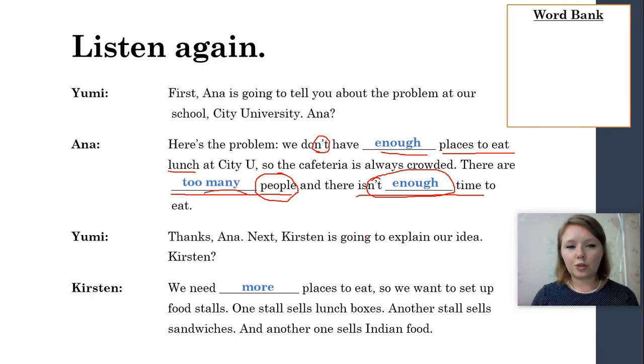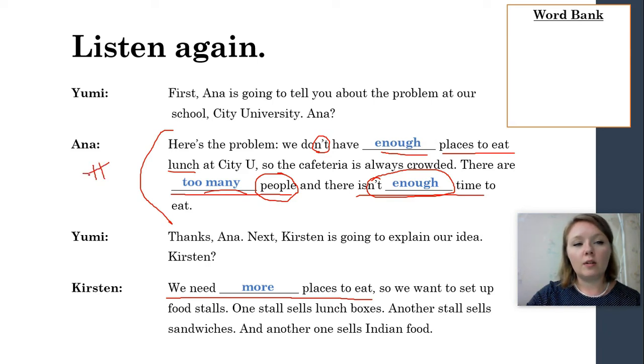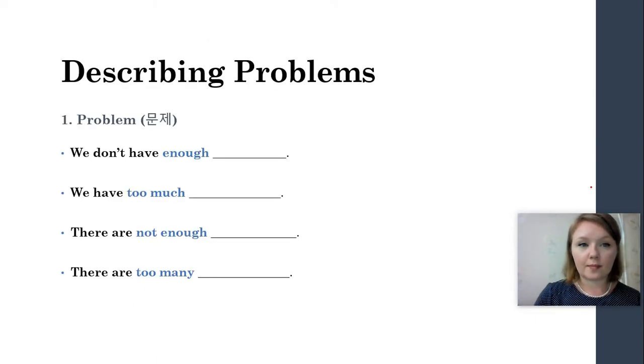So they are trying to explain and come up with a solution to their problem. And their solution is we need more places to eat. And then they talk about what they want to do. So here we see number 1, they talk about and describe their problems. What are the problems? And then they talk about the solution. Okay? Let's continue.